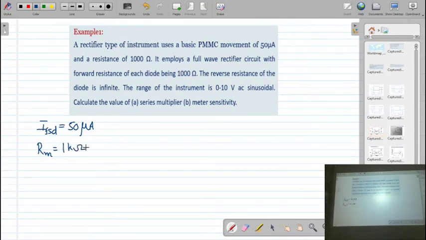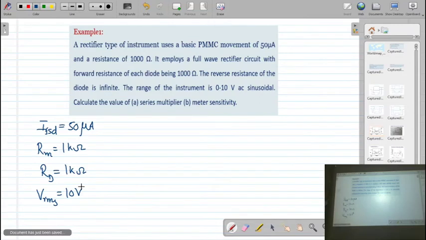It employs a full wave rectifier circuit with a forward bias resistance of each diode being 1 kilo ohm. So the resistance of the diode RD is also 1 kilo ohm. The reverse resistance of the diode is infinite, so we don't have to consider. The range of the instrument is 10 volt AC. Means the VRMS is given 10. Means we have to convert this into a 10 volt AC range. Calculate the value of a series multiplier.